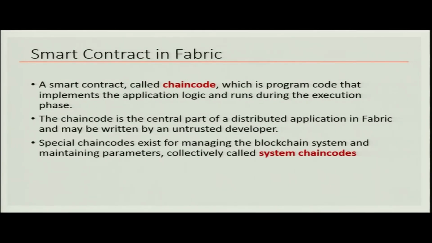So, again the smart contract is called chain code, which basically implements the application logic and runs during the execution phase. The chain code is the main thing in Fabric, and there are also system chain codes, as I said, that are basically managing the blockchain system, maintaining parameters, etc., and they are called the system chain code.